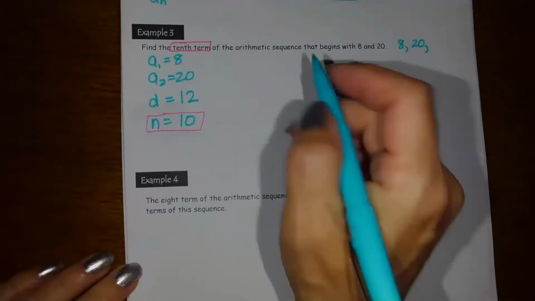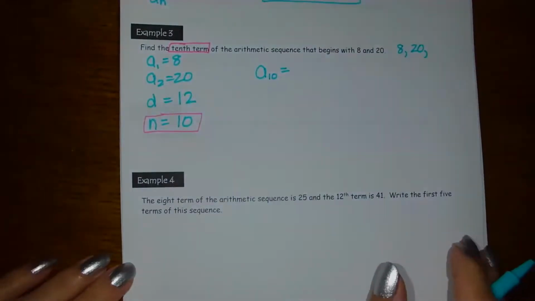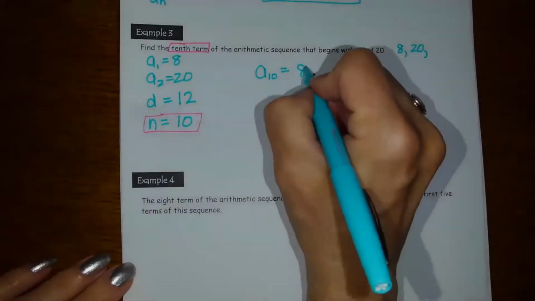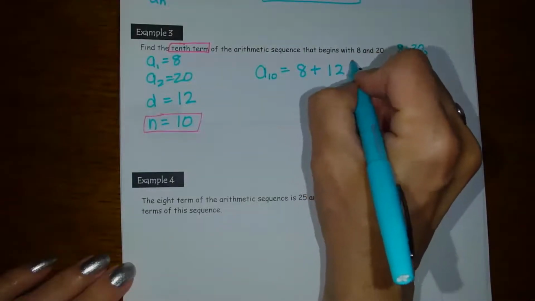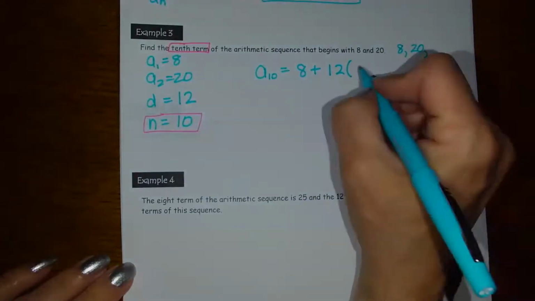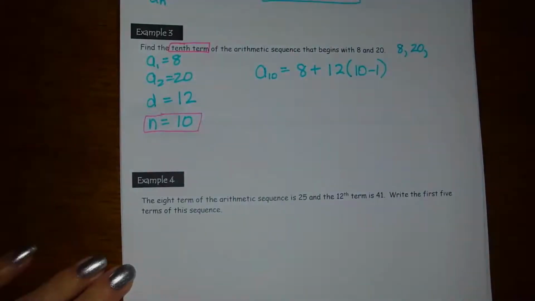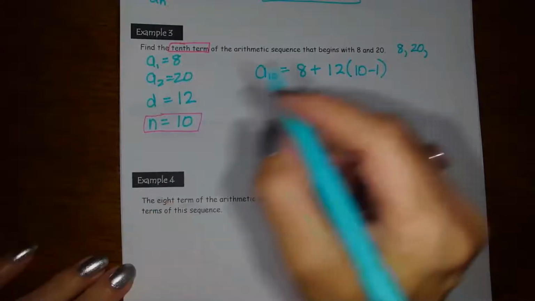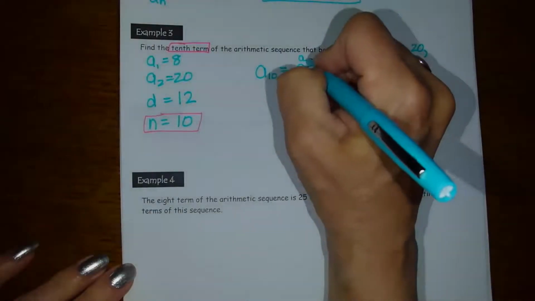So we'll try to write our formula. A10 equals A1 plus D, what's D? 12 times N minus 1, right? Here's our N, here's our D, here's A1.